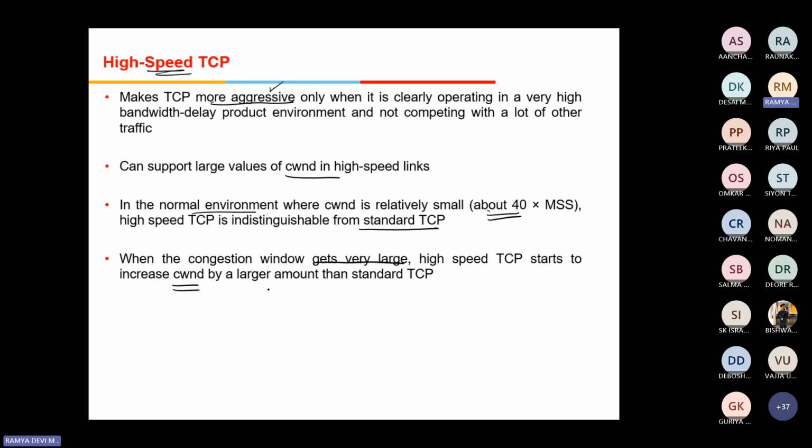It will try to utilize all the available high-speed bandwidth effectively. So this is how high-speed TCP maintains backward compatibility like a standard TCP, and it provides fairness when it works with other flows in the network. If my network is not utilized properly, the congestion window size will grow aggressively. When my network is congested, it will behave like a standard TCP.